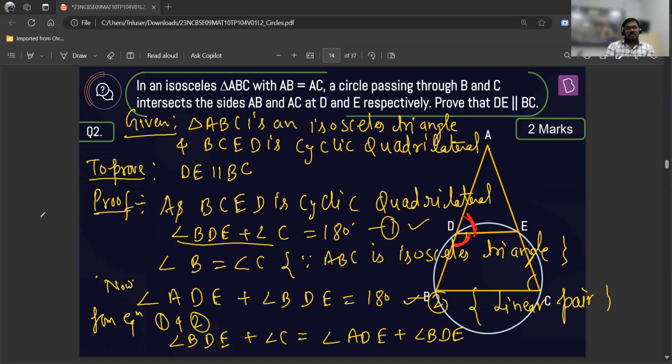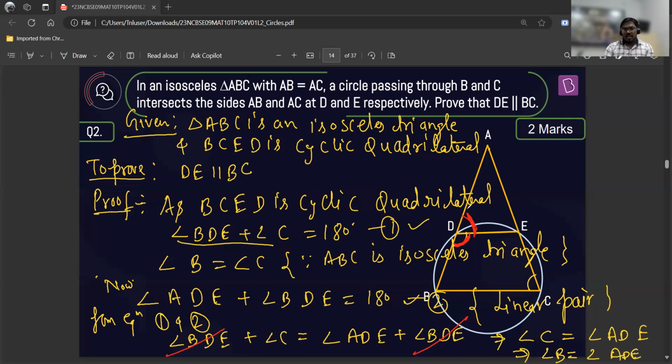That means angle BDE will cancel out from the LHS and RHS. What we have remaining now is angle C equals angle ADE. C and B are equal, so angle B is equal to angle ADE.